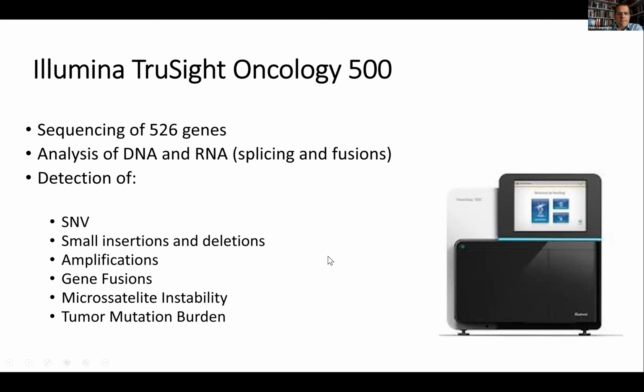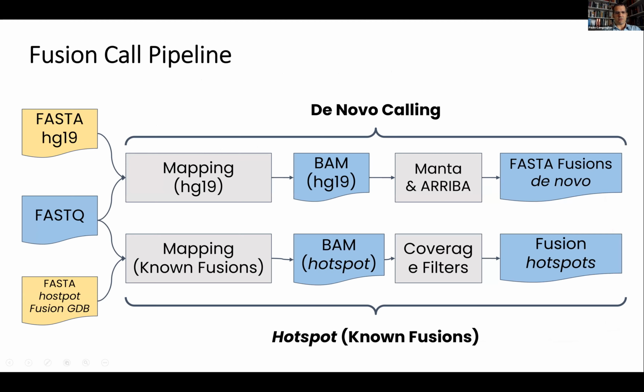In the RNA part, we sequence 55 genes, and we look for splicing alterations and fusions, and MSI, TMB, and just the regular SNVs, indels, and amplifications in the DNA part, right? We modified the standard fusion call pipeline a little bit. The fusion caller from Illumina is Manta, and we also run Arriba, so we use both.